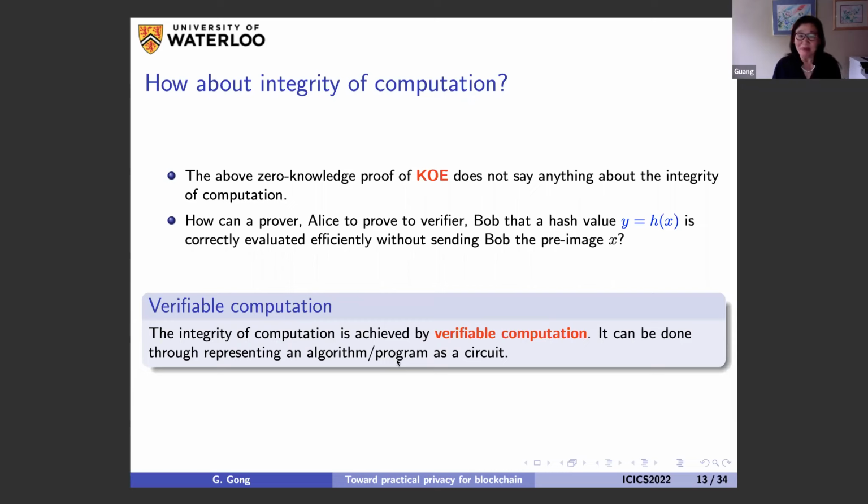In verifiable computation, basically they represent any algorithm or program as a circuit. So you expand your statement or algorithm into a very low-level language, which is a circuit, the way you implement those statements.